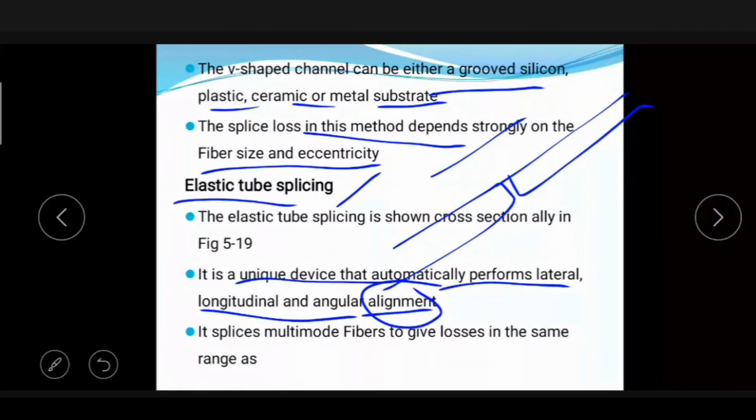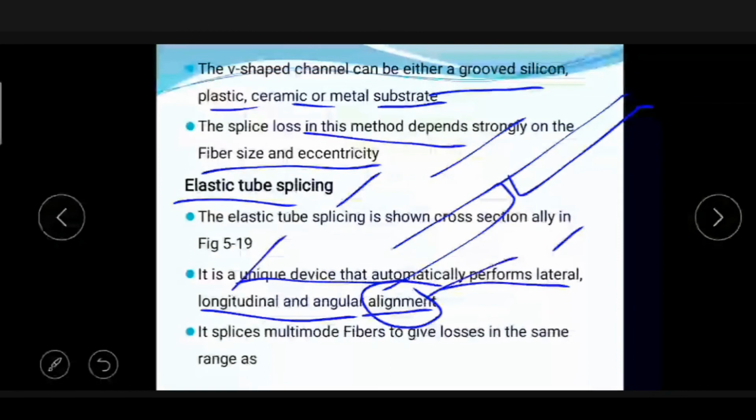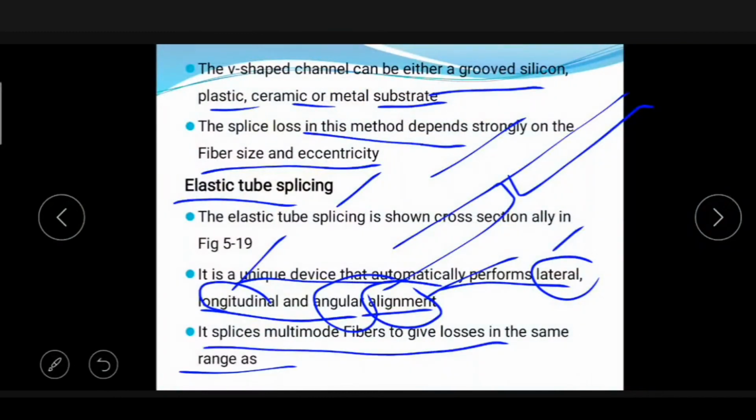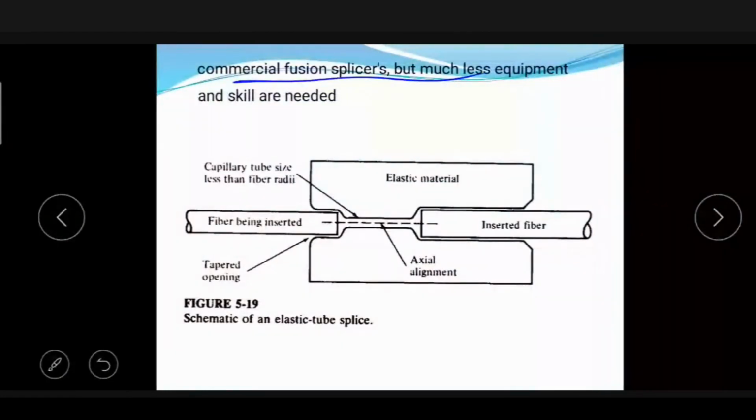There are very few chances of mechanical misalignment such as lateral, longitudinal or angular. It splices multimode fibers to give losses in the same range as commercial fusion splices, but much less equipment and skill are needed.